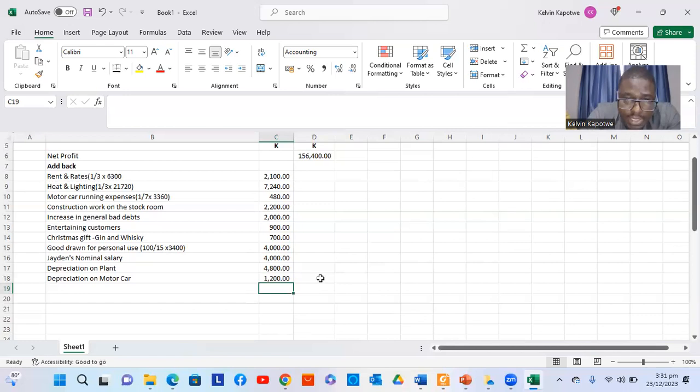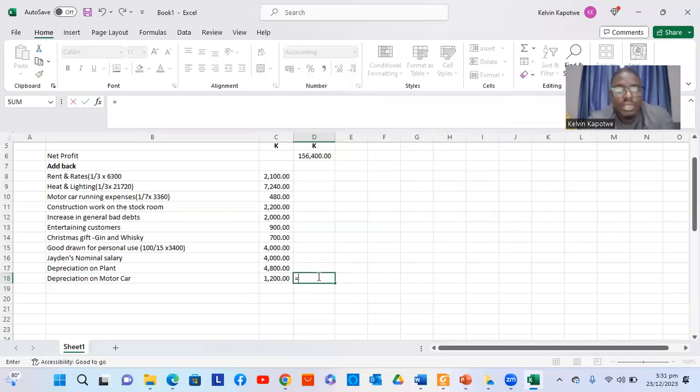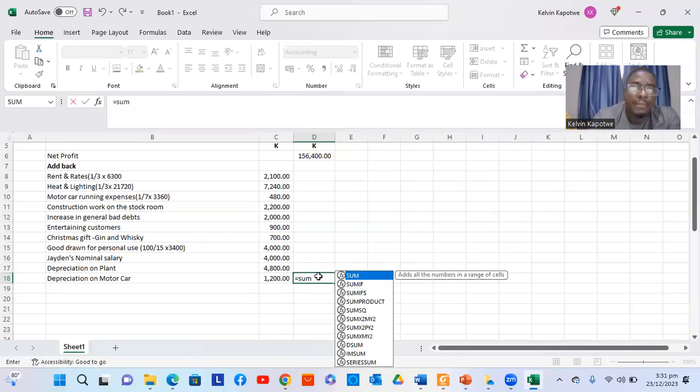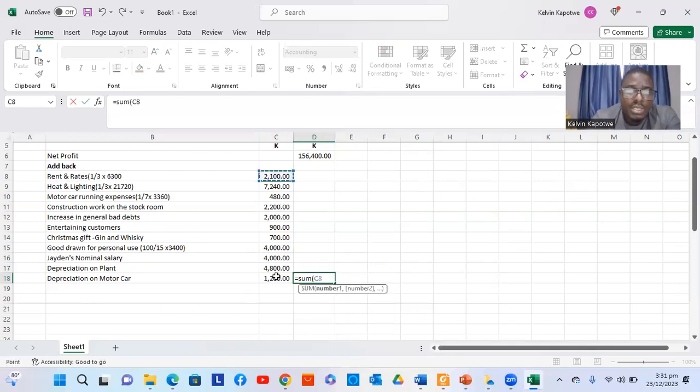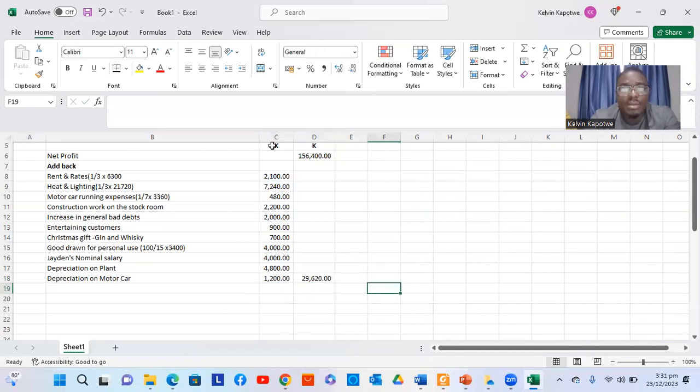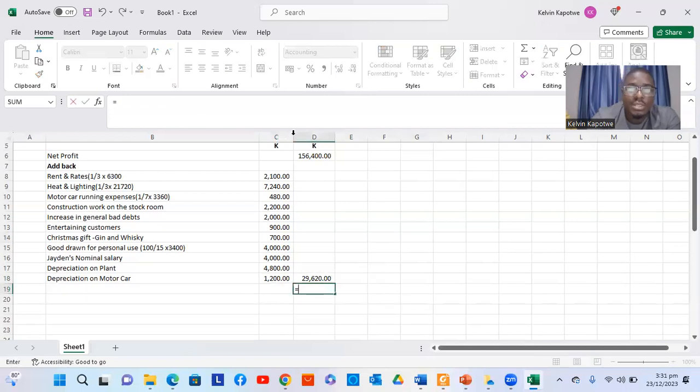As I said, accountants are very smart people in the way they report things. So we are going to sum these now to get the total of the expenses we're adding back. I'm going to do this, that minus this, that plus that.